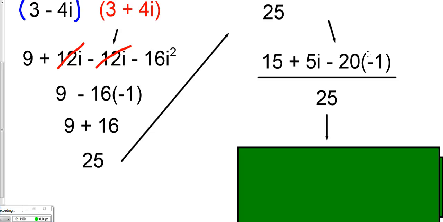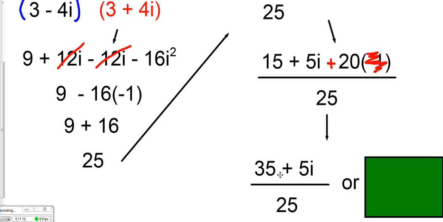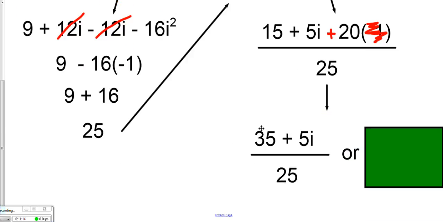Negative 20 times negative 1 becomes a plus here. 15 plus 20 would make 35. So our numerator is 35 plus 5i, all over our denominator, 25.